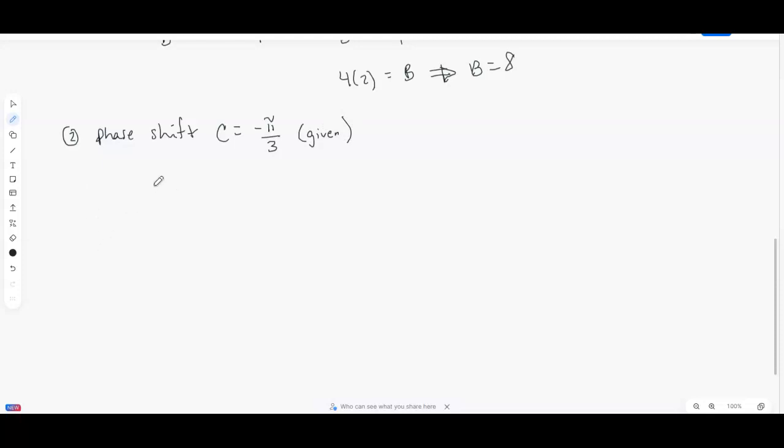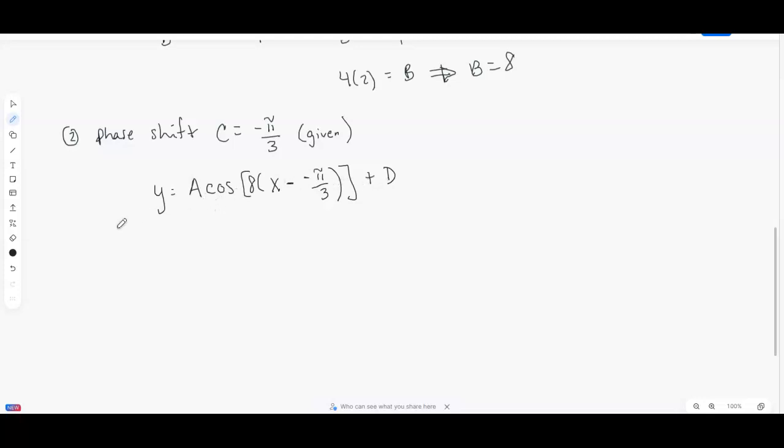So we now have that y equals a times the cosine of 8 times x minus our c, which is negative pi over 3, plus some d, right? Okay, so this is what we have so far.